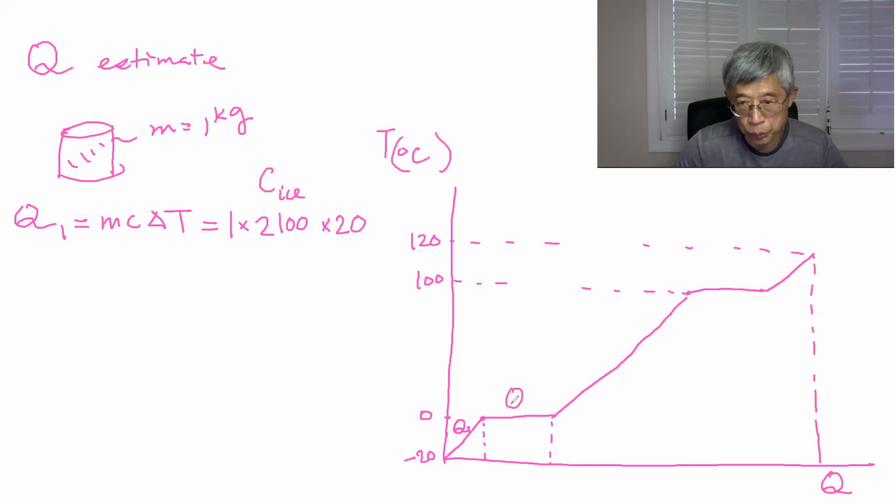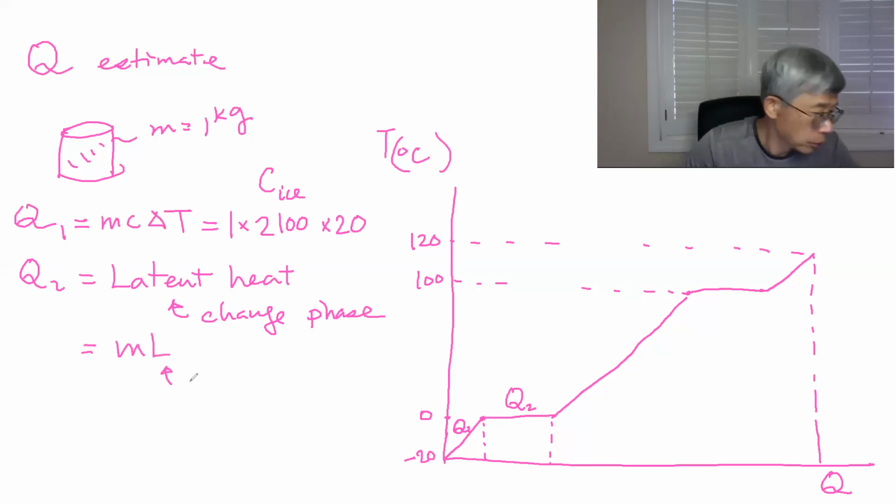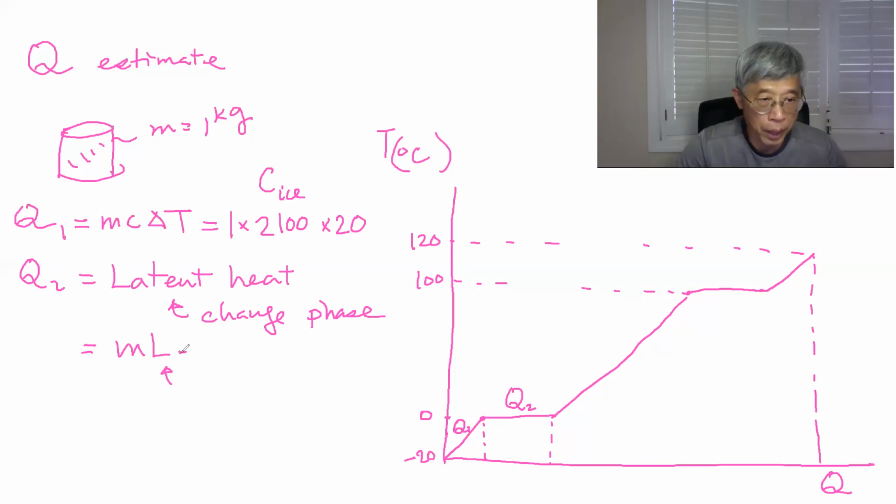And for Q2, Q2 here is the latent heat. It's called latent heat, the heat used to change phase. In this case, this is M times L, and this L is called heat of fusion, so we're going to call it LF.